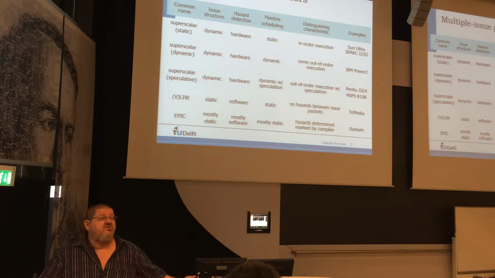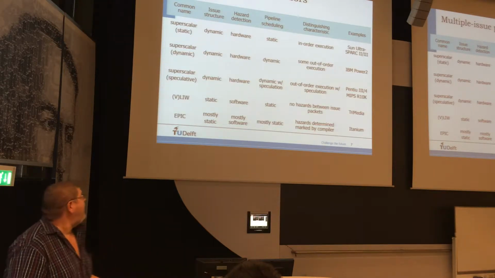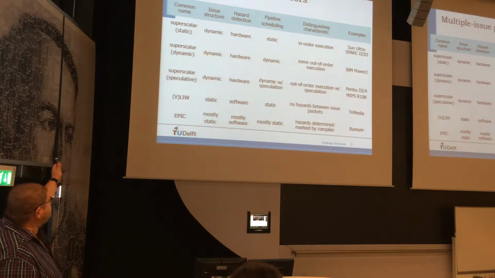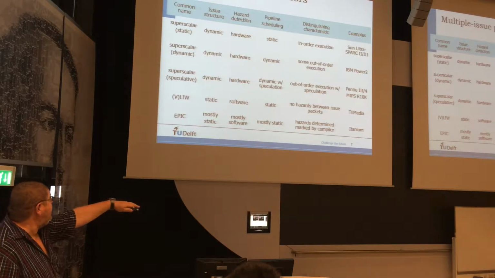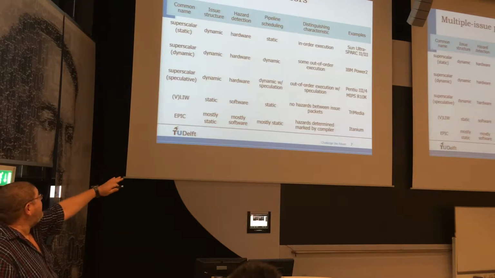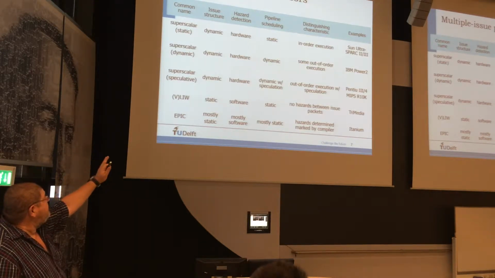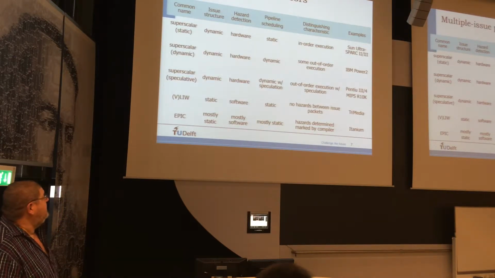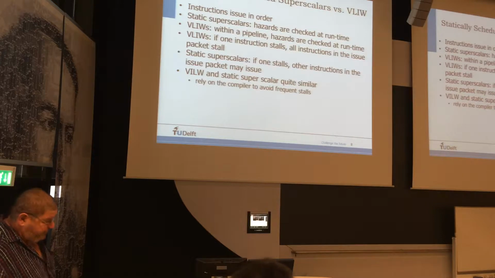Okay, this is a beautiful table where you have the common name for the multiple issue processor, some examples for them, and how things are done on issue, detection, scheduling, whatever. I won't go into details on that. You can read it in the book.